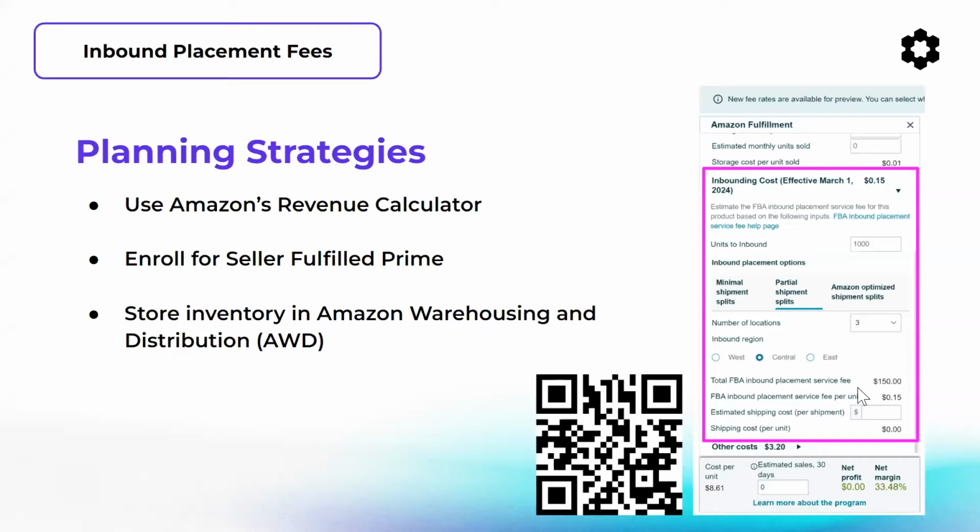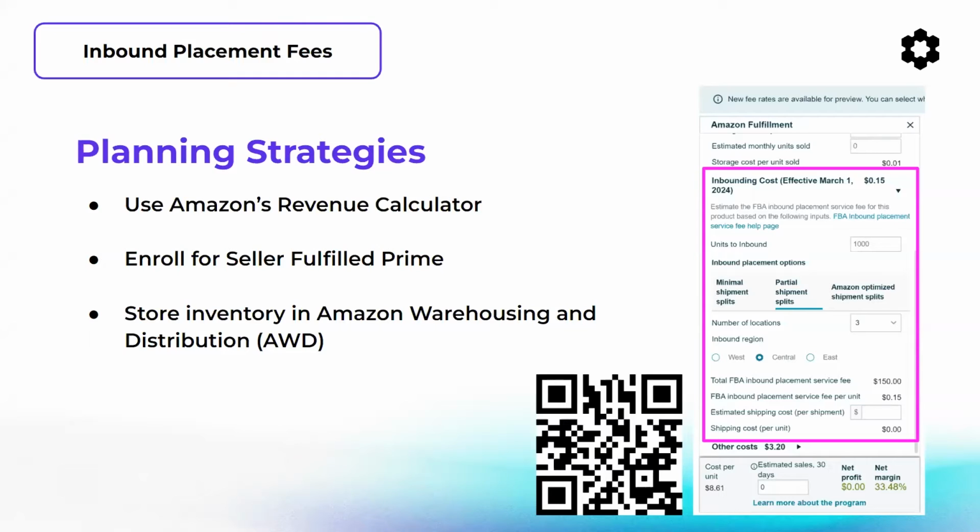In the past, we didn't have a way to plan this cost. Unfortunately, guys, if we want to play this game, there is no way around it if we want to use FBA.